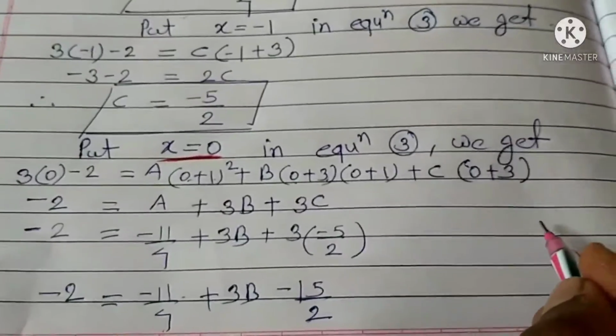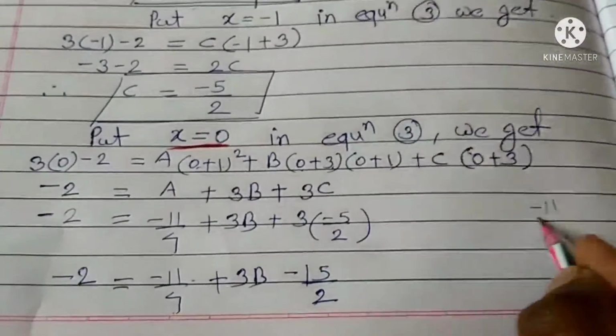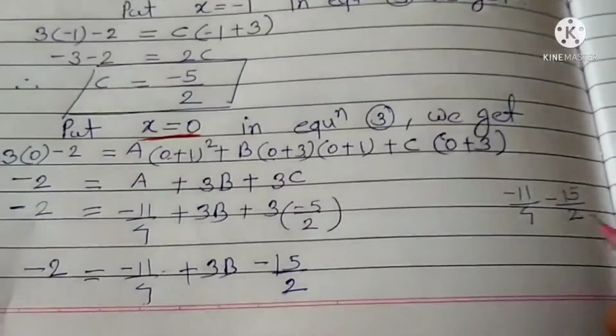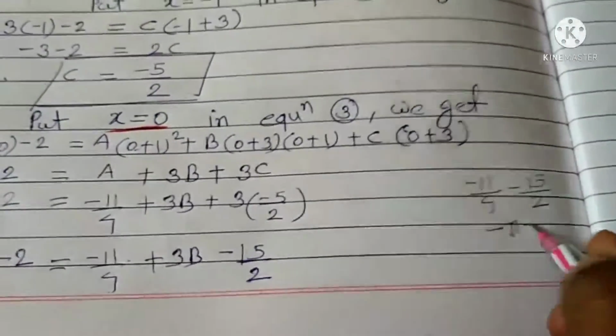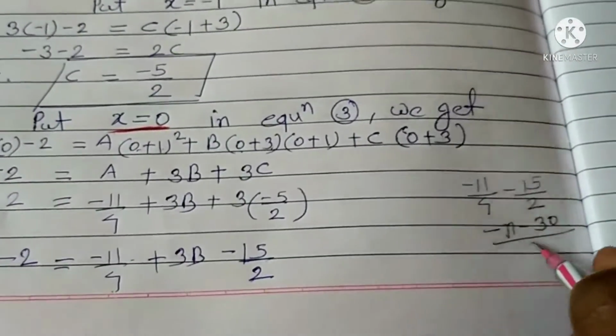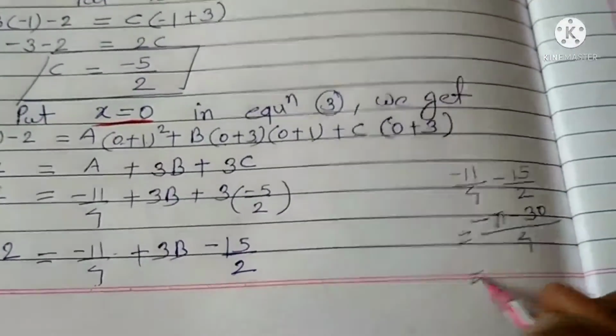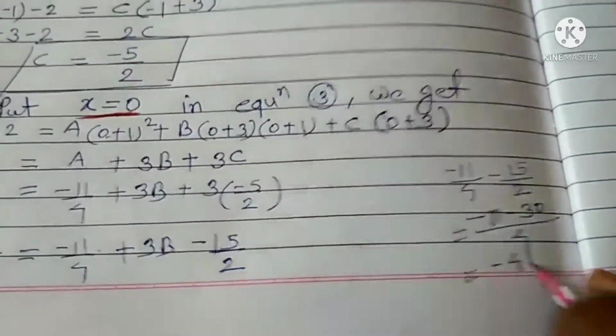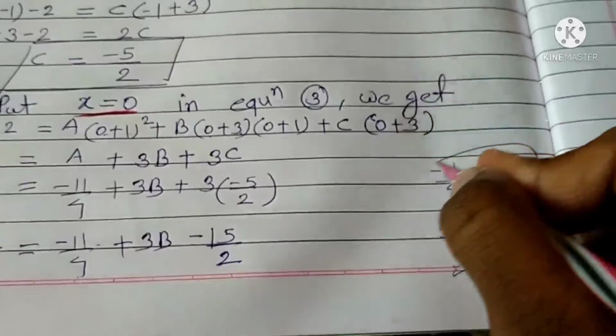Take these two terms, minus 11 upon 4 and minus 15 upon 2. So it is minus 11 minus 30 upon 4, which is equal to minus 41 upon 4. This is the calculation.